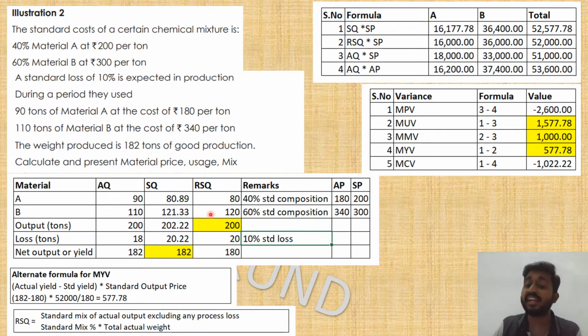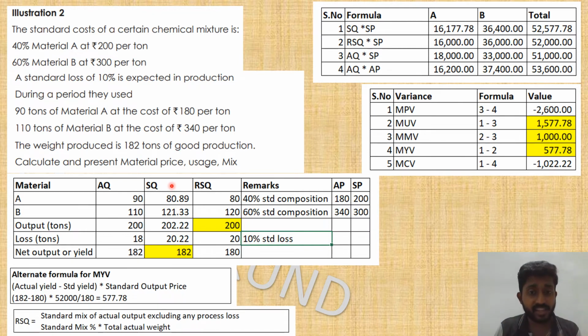Same way, 120 multiplied by 182 divided by 180 gives you 121.33. Now if you add these two, the total is 202.22, and if you reduce 10 percentage, automatically 182 will come. Now we have the actual quantity given in the question, the revised standard quantity also given in the question, but the standard quantity we have calculated.